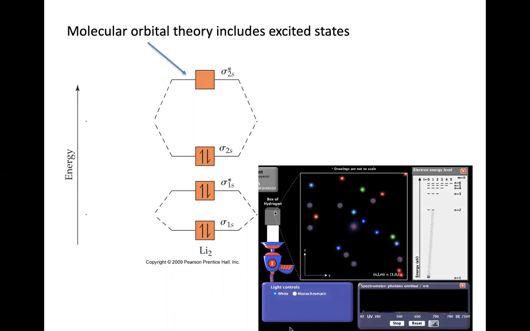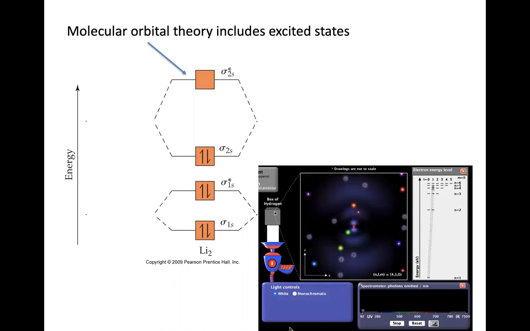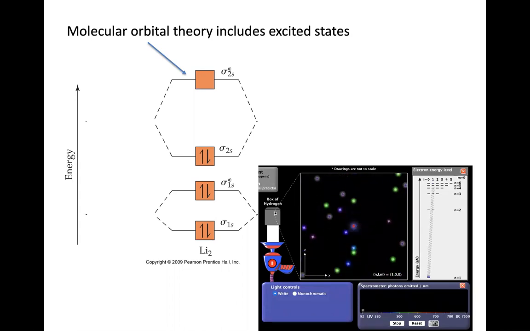Whether we looked at the Bohr model or the Schrodinger model, we saw that a photon could come in, excite the electron and move it to an orbital that was higher in energy. And then when it came back down from that excited state to the lower energy levels, photons were emitted, and that's what we were measuring on our spectrometer.